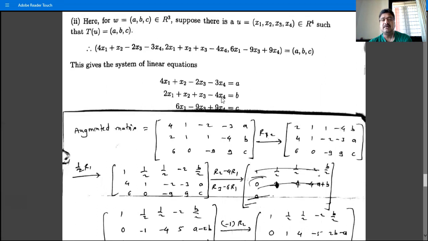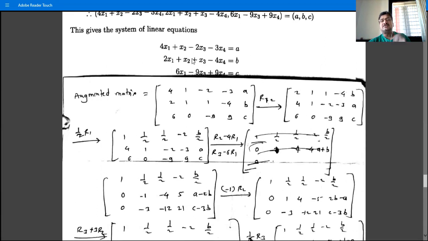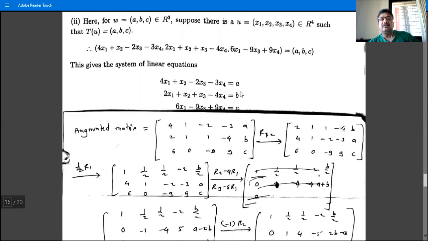If this system is consistent for (a, b, c), then that (a, b, c) belongs to the range of T. If the system is not consistent, then that three-tuple does not belong to the range of T.